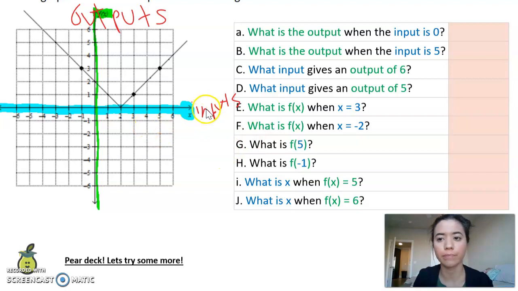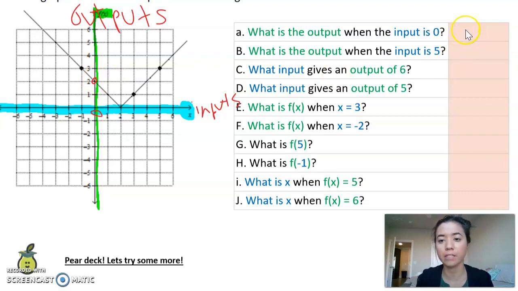What is my output? On your x-axis, your input is 0 right here. So right in the middle, this is where y equals 0 and x equals 0. So when x is 0, what is my output? What is my y? From here, I'm going to go up or down until it crosses my graph. So here, I'm going to go up, and it crosses right here.